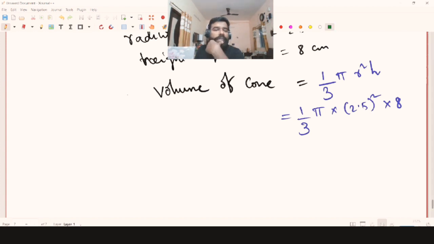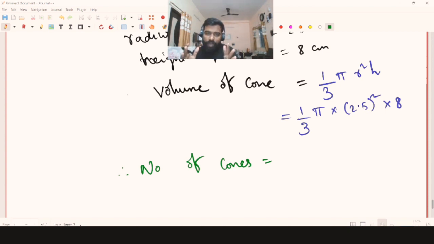So next, how to get the number of cones. Here the question is, you have a big sphere, you have melted it, and you are making small cones. So how many such cones can you make with this radius and this height? If you divide their volumes, then you get the number of cones.